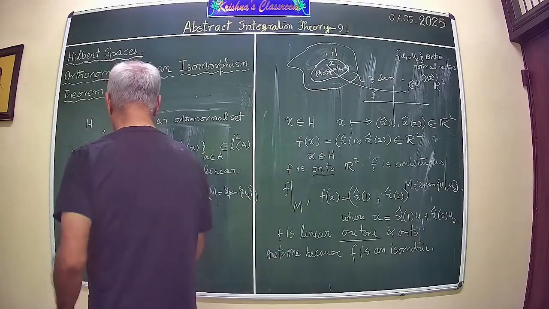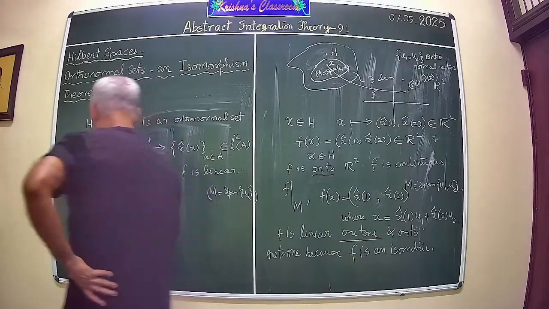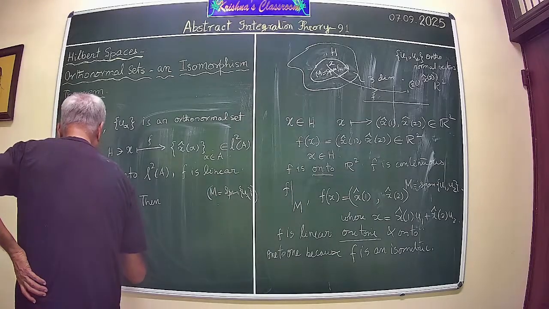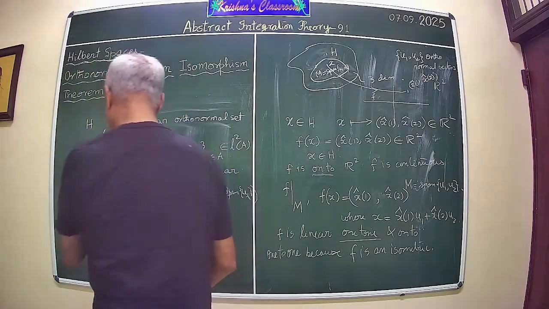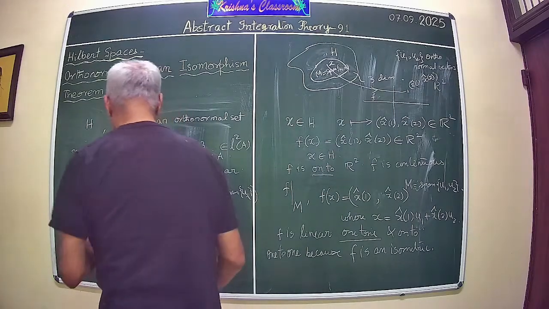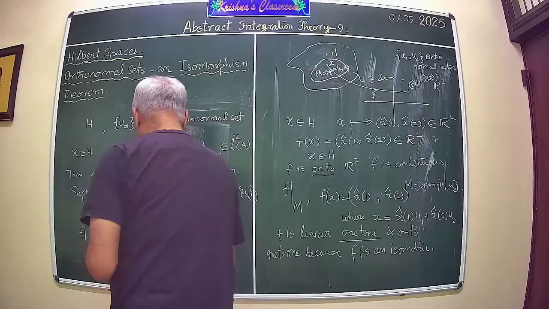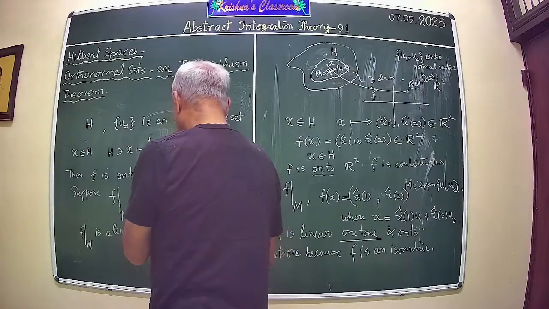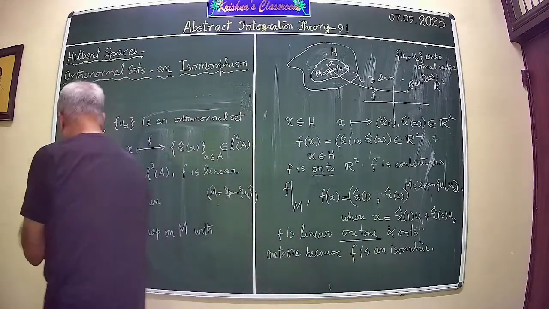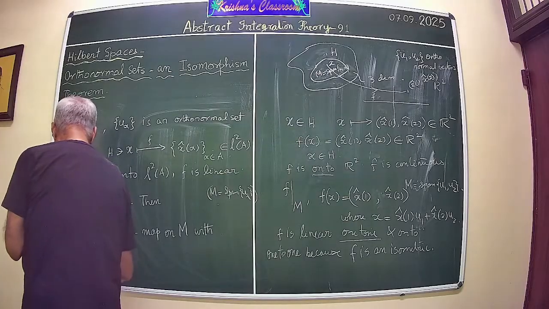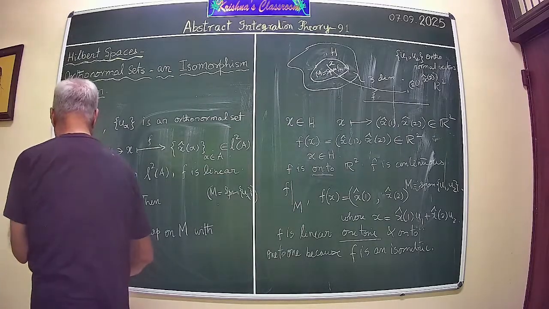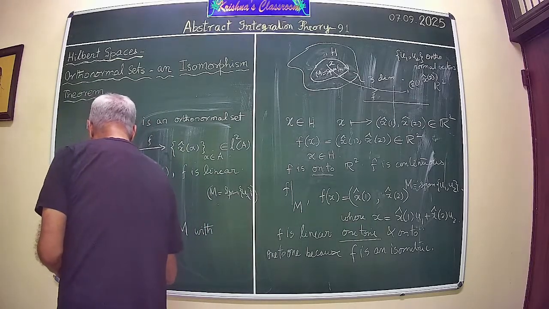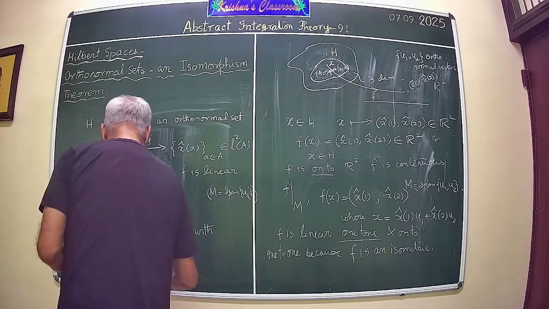Then F restricted to M is a linear map on M with range L2A, one-to-one, onto, and continuous.